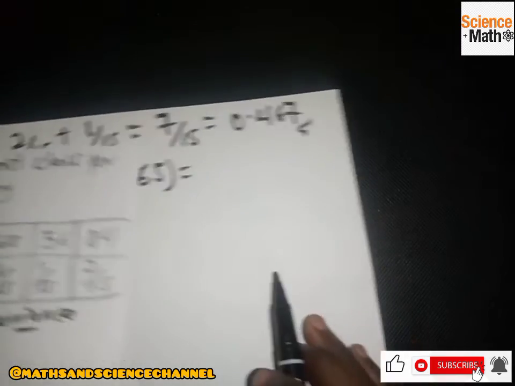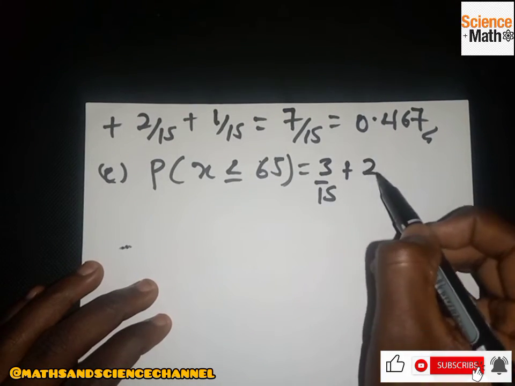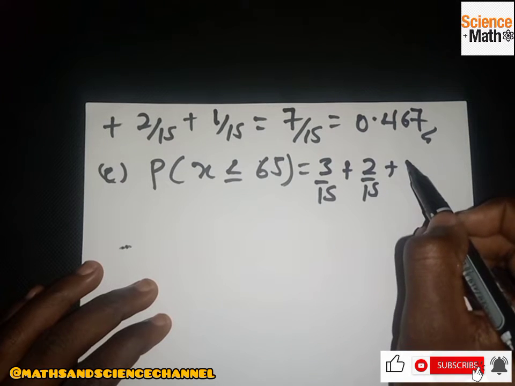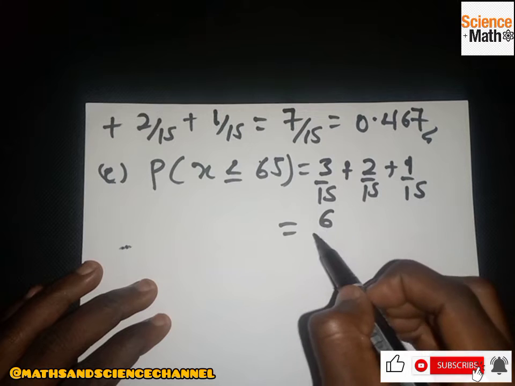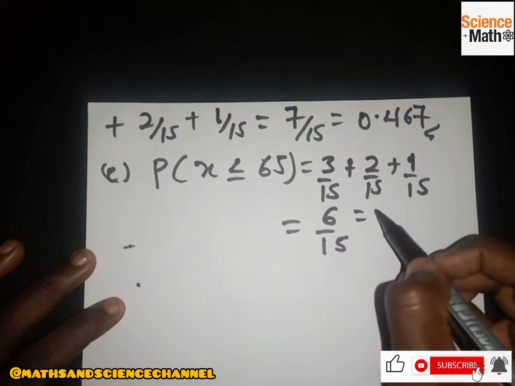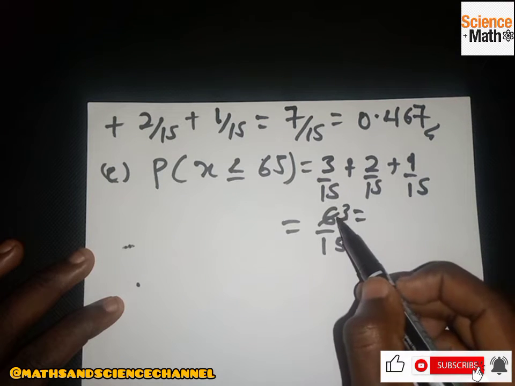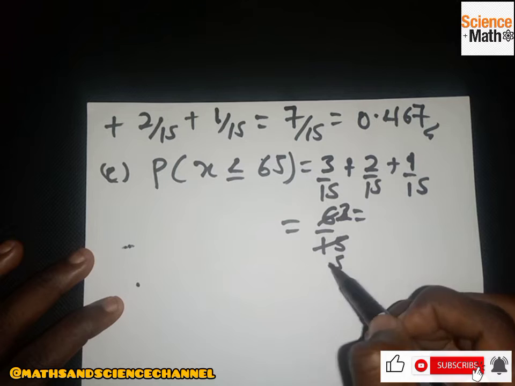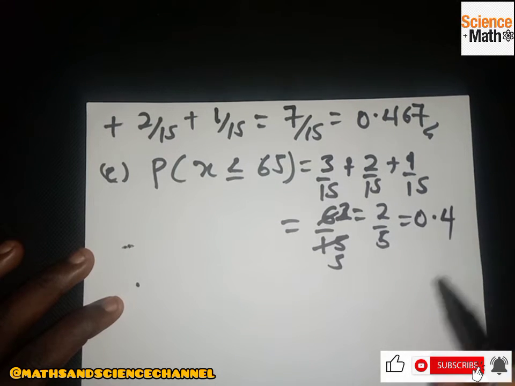So we have 3/15 plus 2/15 plus 1/15, which is just equal to 6/15. Dividing by 3, 6/15 is 2/5, which is just equal to 0.4 in this case.